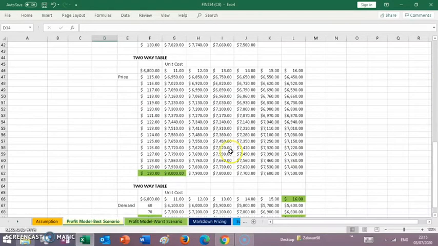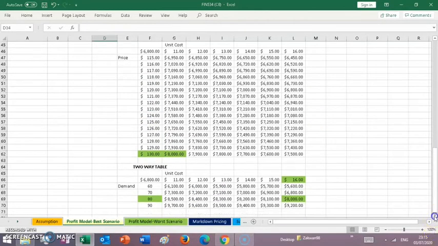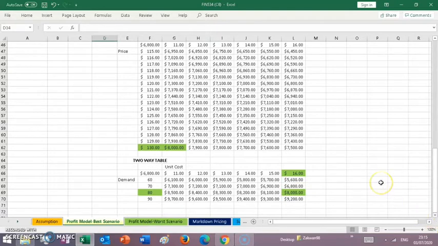The target I get is sufficient, but I need to increase the price of the product. So I make one more test, which is I get unit cost and the demand.